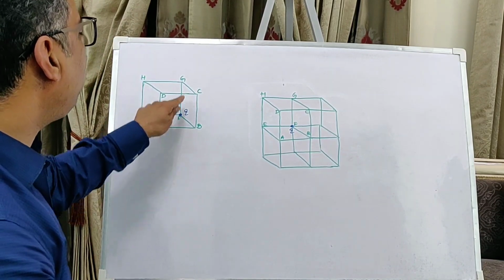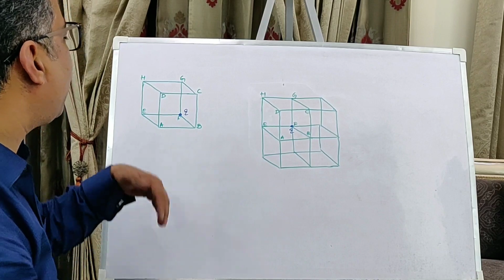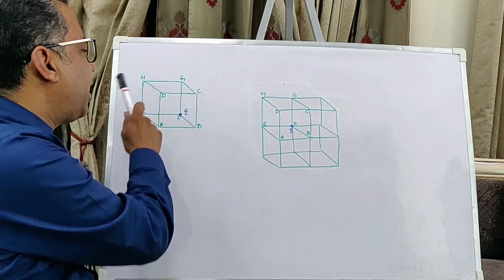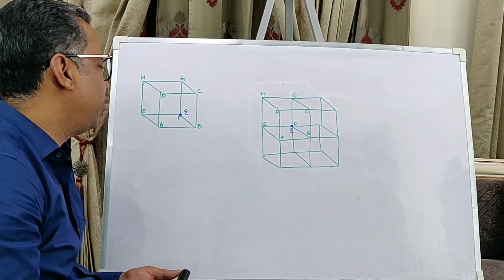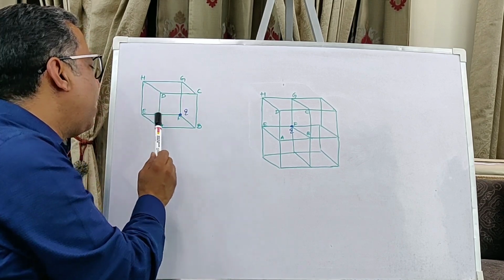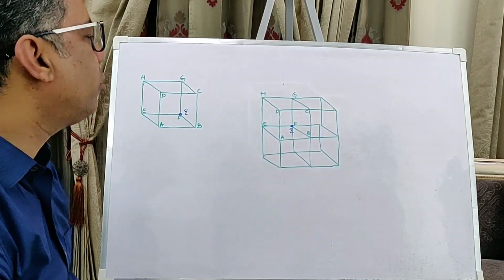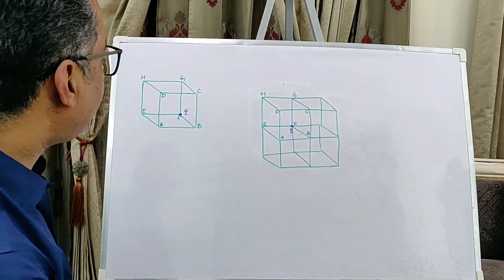So for EFGH, because the field is tangential to the surface at all locations, the flux is 0. Similarly, the flux on FBCG is 0, and the flux on EFBA is also 0.